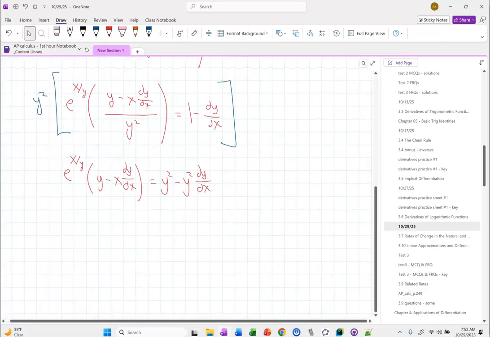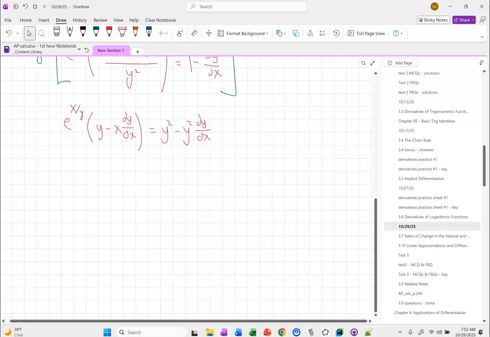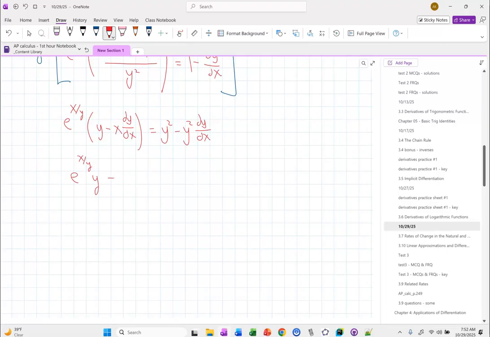And I'm going to distribute the e to the x over y through to both sides. And then I'm going to add the y squared dy dx to this side and subtract the y e to the x over y over to the other side, so I can get the dy dx onto the same side.